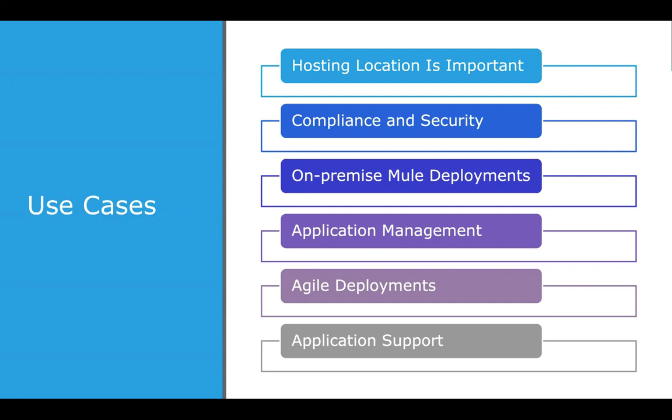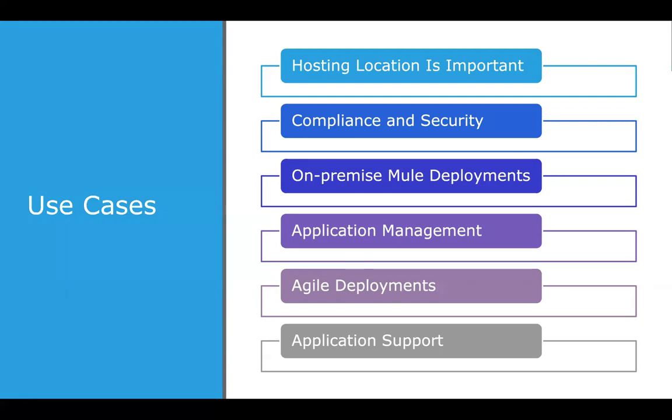What you get out of Runtime Fabric is those great features and benefits that really enable application management. And application management is really a key use case here. It allows you to manage your applications very similarly to how you would in the cloud. You can scale and monitor and deploy your applications really with the click of a button.